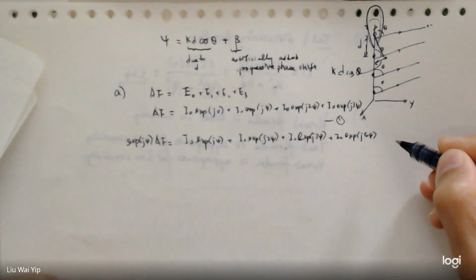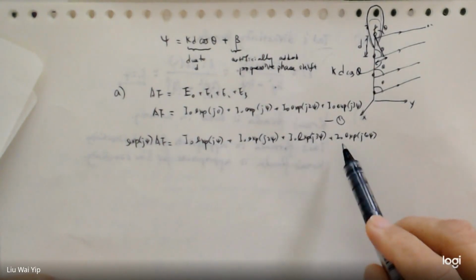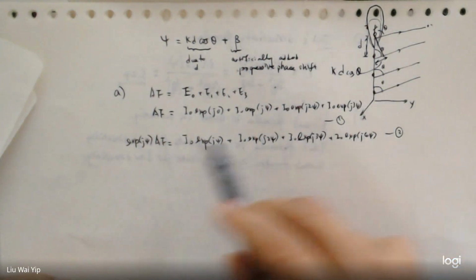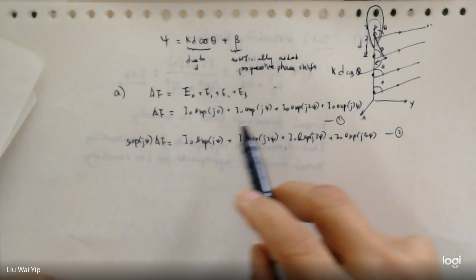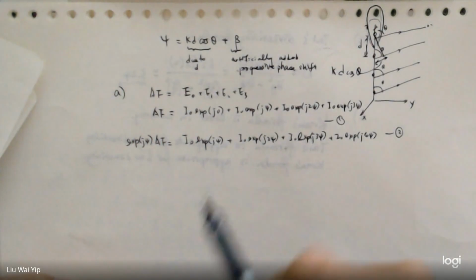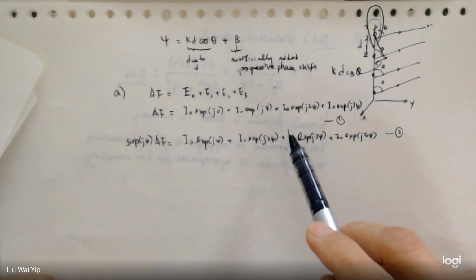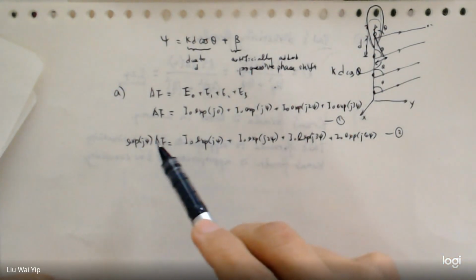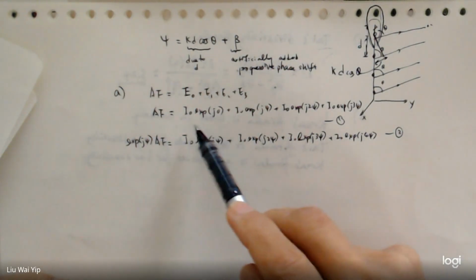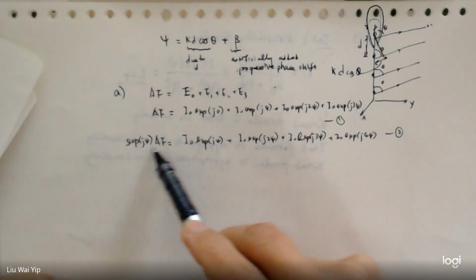So basically, there are two equations. One is derived from the original arrangement. The other is derived from equation one by multiplying it with this.